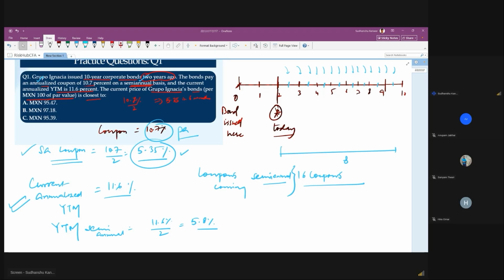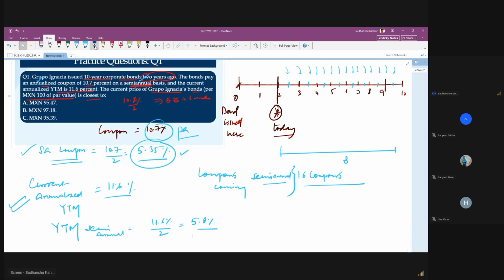So when you try to find the present value, guys, what's the logic of finding present value? Discounting the future, right? Discounted cash flow, that was the whole logic. The module name is discounted cash flow.